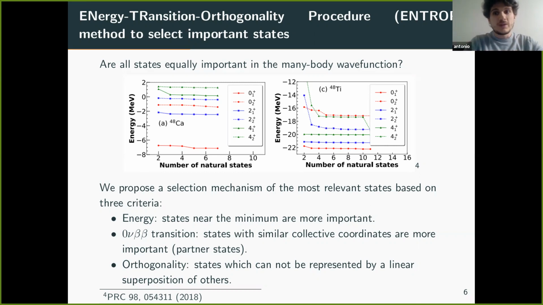So in order to be included, it has to be below a certain overlap cutoff with the set of selected states. With these three criteria, we developed what we call the energy transition orthogonality procedure, which we called ENTROP. And then we have a method to select the important states, especially for the nuclear matrix elements.